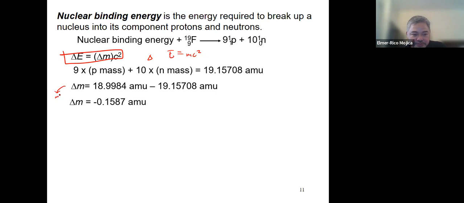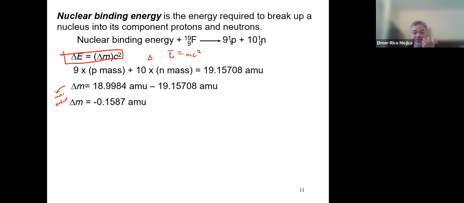So what does it mean? The mass defect looks at the difference in the mass of the subatomic particles when you break them down, compared with the given atomic mass.